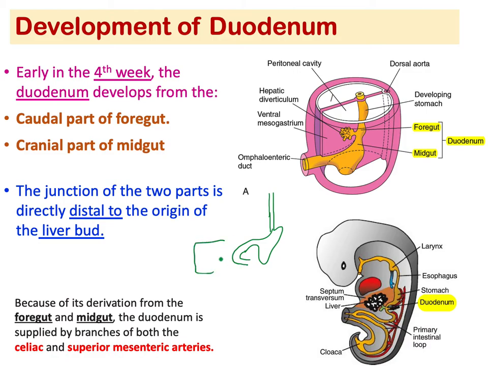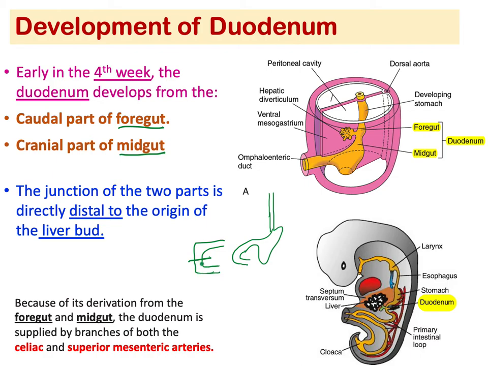It's like C shape, right, in which the proximal 2 parts originate from the foregut, while the distal 2 parts originate from the midgut. That means the duodenum is the border, formed from foregut and midgut.